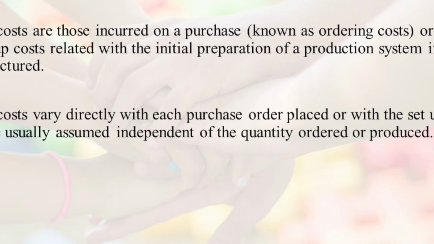These costs vary directly with each purchase order placed or with the setup made and are usually assumed independent of the quantity ordered or produced. You should appreciate that the purchase cost will depend on the number of orders placed in one cycle or in one year.